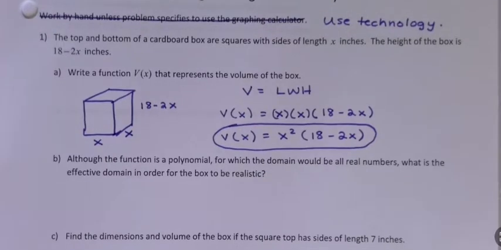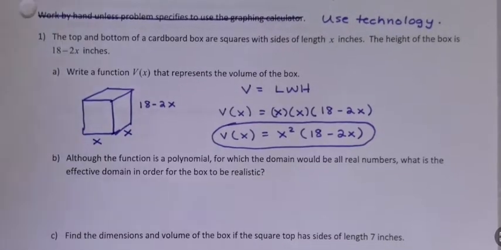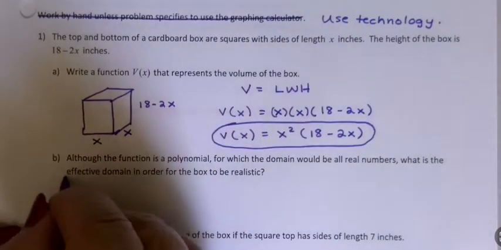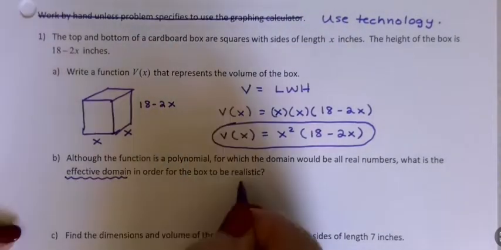All right, this function is a polynomial. And we know, we've been seeing this for a while now, the domain for polynomials is always all real numbers. But in an application problem, sometimes not all real numbers actually make sense. I'm going to say, what is the effective domain in order for this box to be realistic?